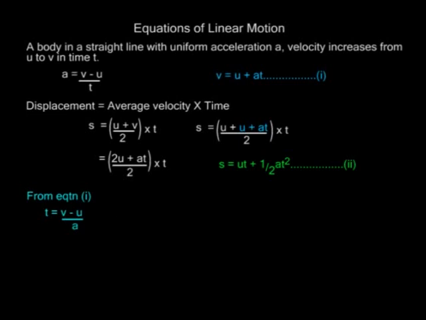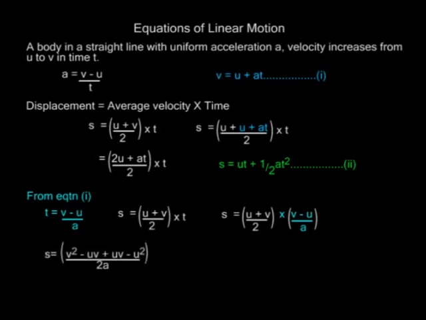Going back to the equation, s is equal to v plus u over 2 times t, and substituting t for v minus u over a, we shall have s is equal to v plus u over 2 times, in place of t we replace with v minus u over a. Multiplying that by opening the bracket, we shall have v squared minus uv plus uv minus u squared, everything over 2a.